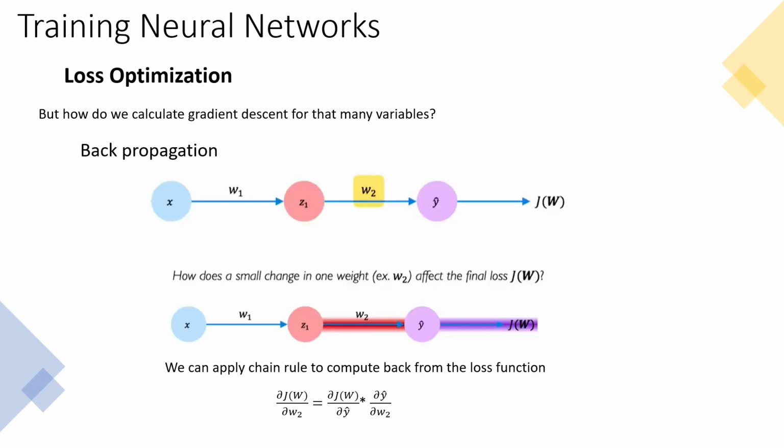And the way it works is basically if you are interested in, for example, the weight W2, if you want to calculate this one, you basically get from here. You take the derivative of this one with respect to y. This is the chain rule, if you remember from calculus.